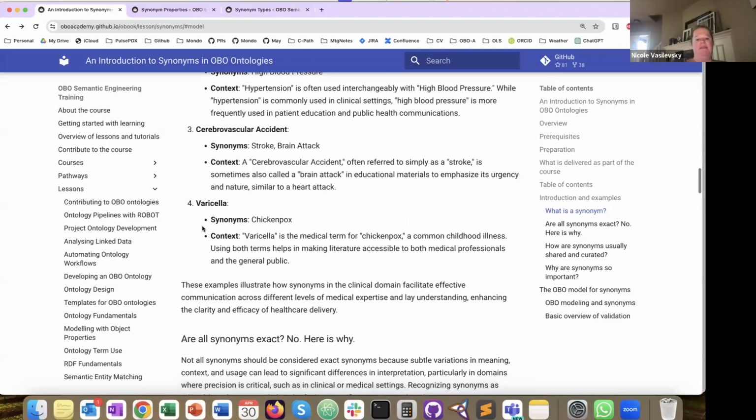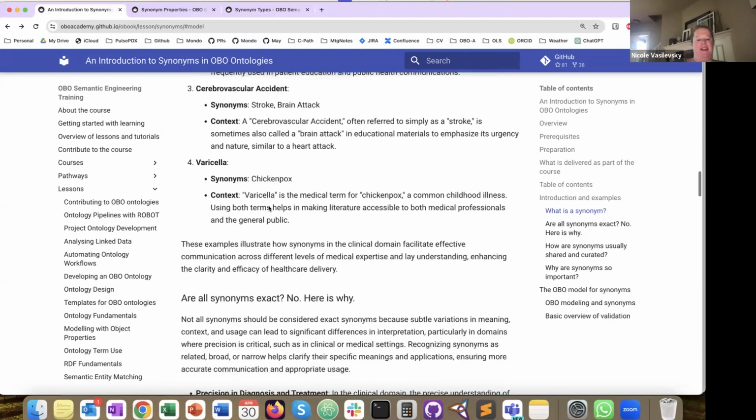And like we had above, varicella is a synonym for chickenpox, this common childhood illness, which now is often vaccinated against and not as common. But if you're in my generation, you probably had chickenpox when you were a child, a very contagious disease that forms immunity after you've had it.